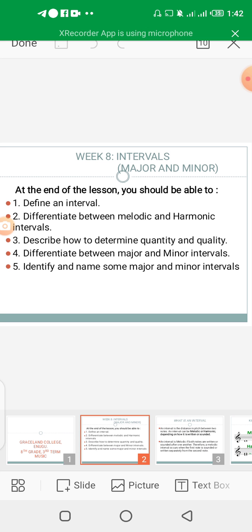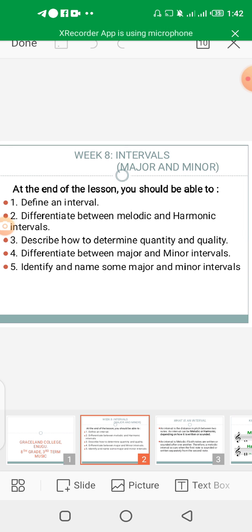Thirdly, they should be able to describe how to determine quantity and quality. Fourthly, they should be able to differentiate between major and minor intervals. Then finally, the student should be able to identify and name some major and minor intervals.